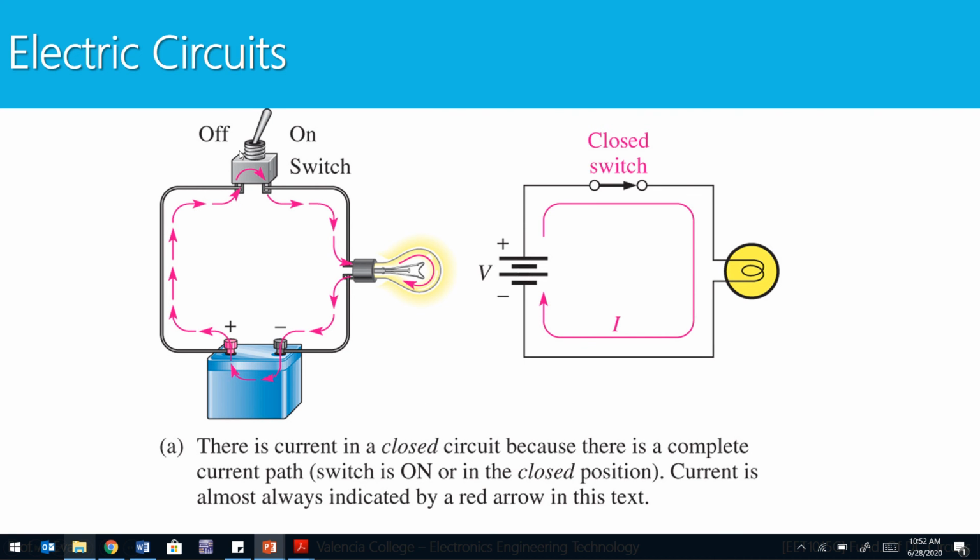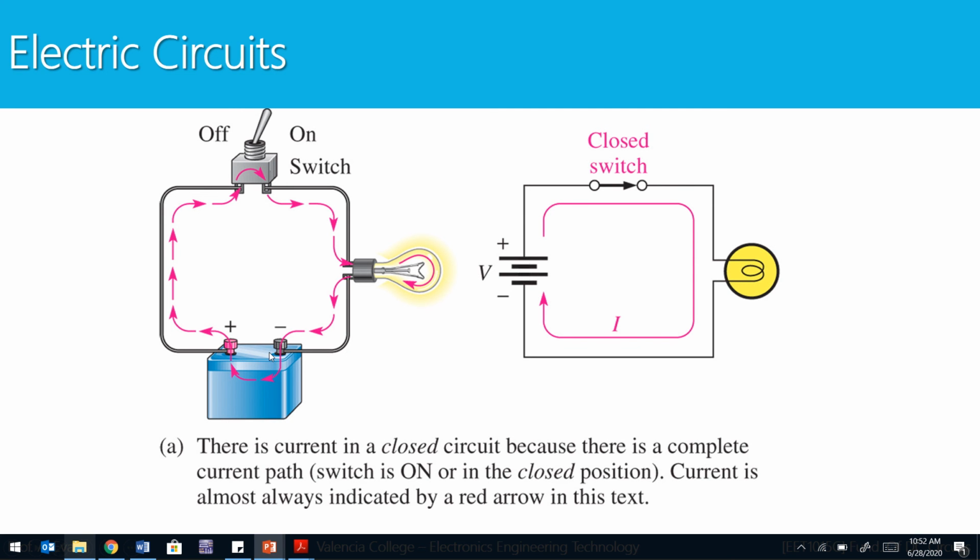You may also see that there are switches in your circuit. So here's the same circuit, but now we have a switch. The switch can control the path of the current. When the switch is closed, we have a complete path where current can flow out of the battery, around the wire, through the switch, out of the switch, into the lamp, out of the lamp, and back to where it started.